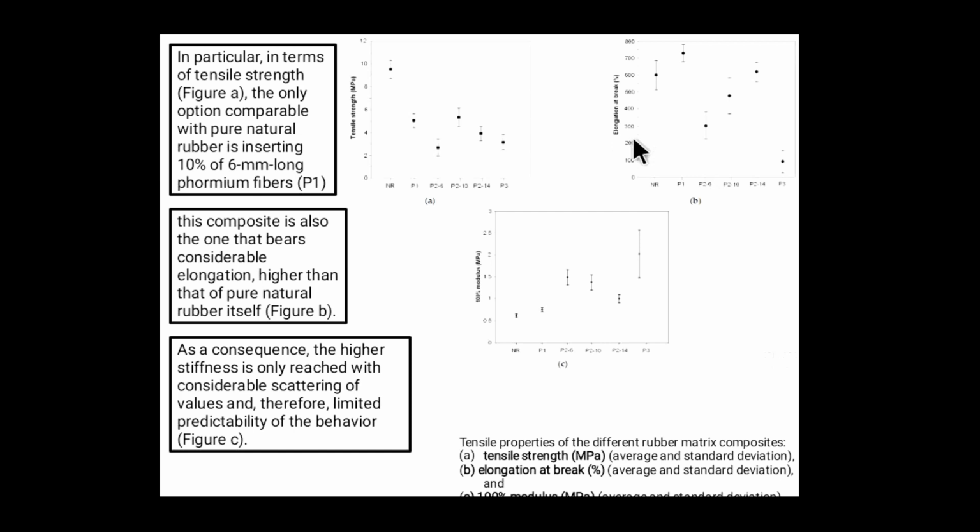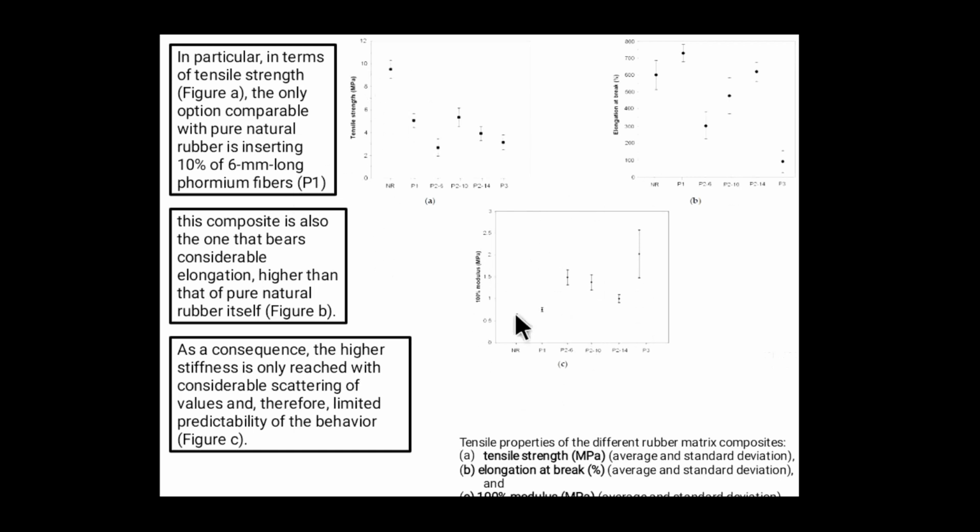However, this considerably reduces the elongation of the composite, to the point that with the introduction of 30% of 6 mm long fiber, which I showed as P3, the strain induced crystallization, I mean SIC, is affected so that in some cases even 100% deformation is not reached before the rupture.